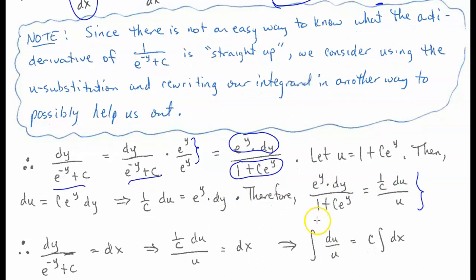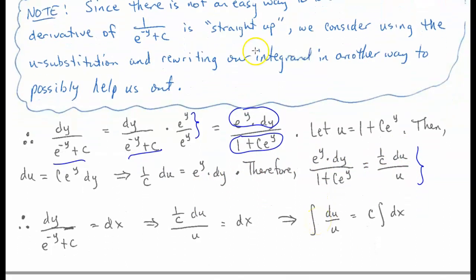And then from there, I go ahead and substitute everything in. So if you're looking here, the dy over e raised to the minus y plus c equals dx. On the left side here, I replace all that in terms of u based upon what I found here. The right side, not much to deal with.